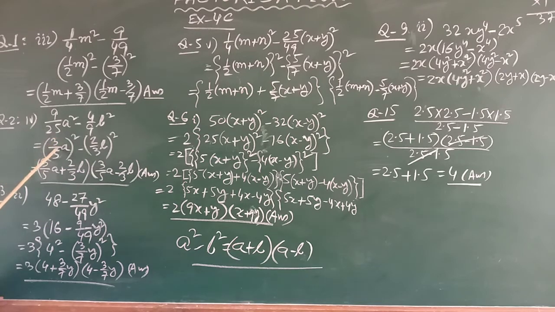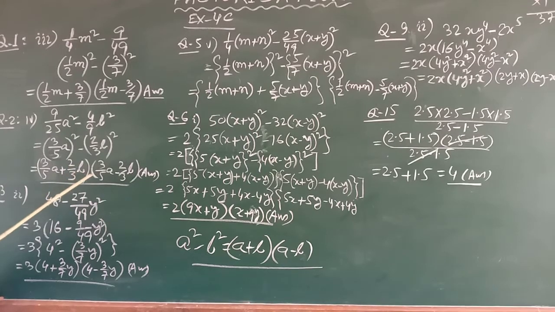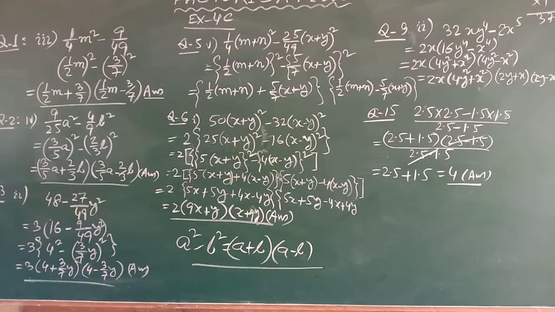So a square minus b square, once again (a plus b) into (a minus b). That is (3 by 5 a plus 2 by 3 b) into (3 by 5 a minus 2 by 3 b). This will be the answer, for understanding.